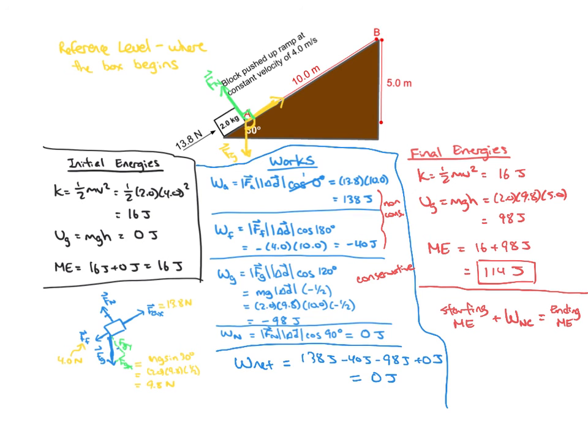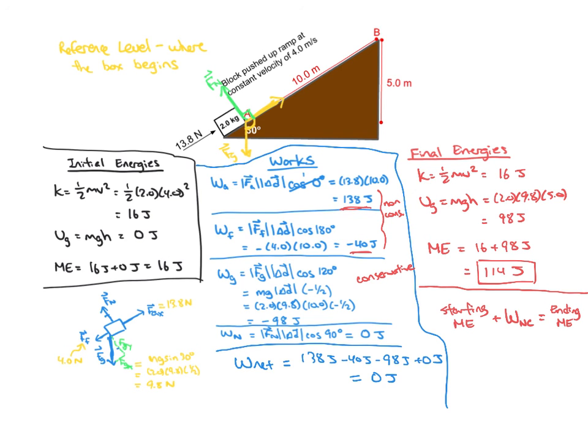So what I'm saying is we start with a number of joules. In this case, we start with 16 joules. And due to the work done by the non-conservative forces of applied and friction force, we actually end up adding 98 joules to it. If you do 138 minus 40, which are the 2 values there, that makes 98.